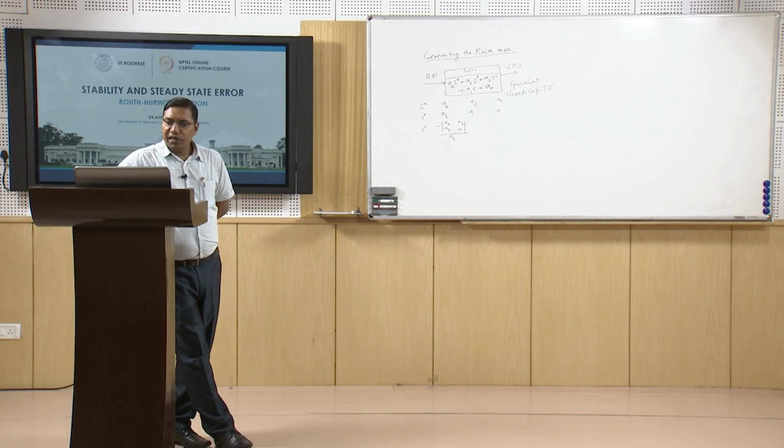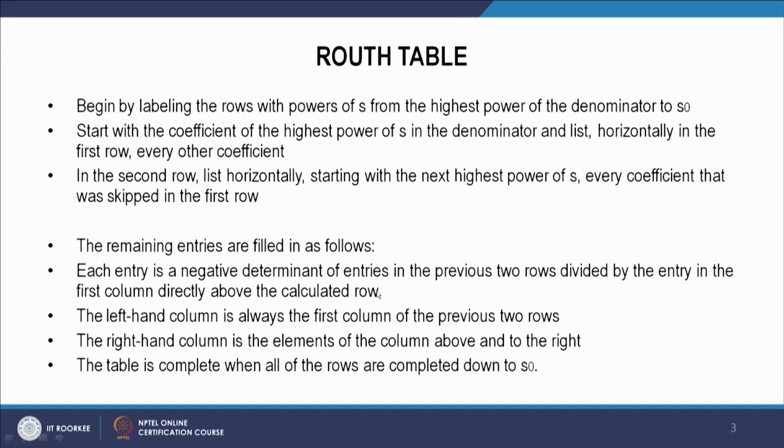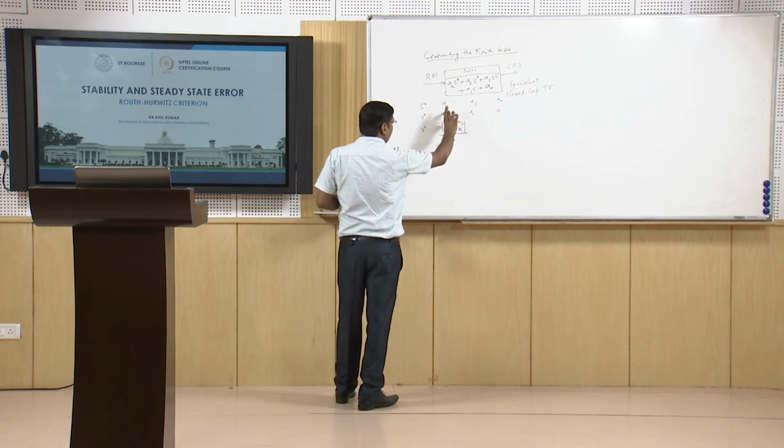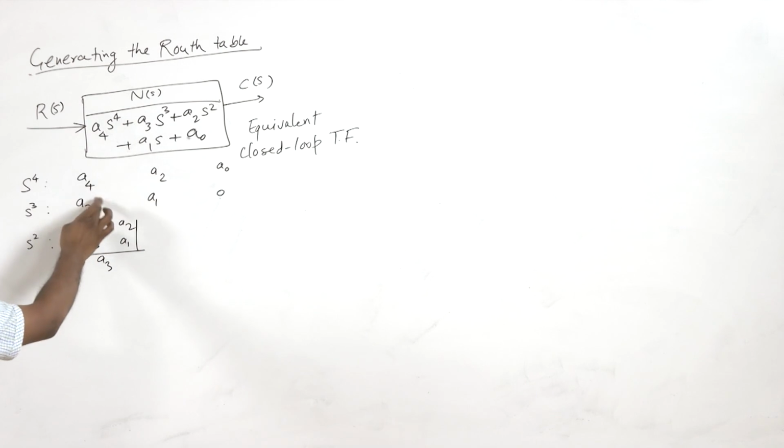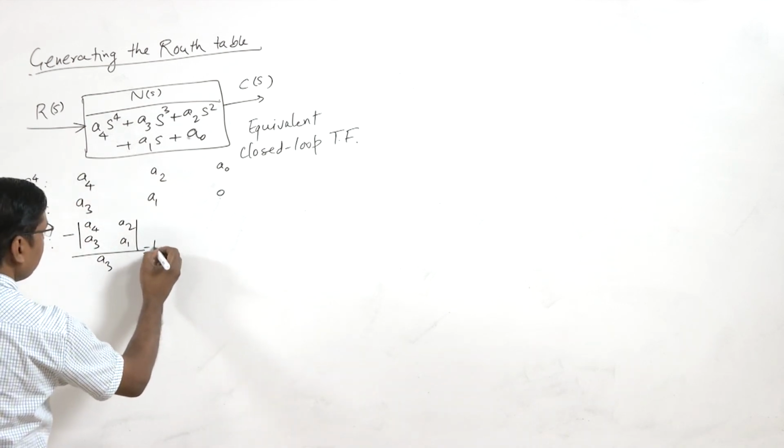Each entry is a negative determinant of entries in the previous two rows divided by the entry in the first column directly above the calculated row. So, here this column and the next column, divided by this element A3, and let us say this is B1.